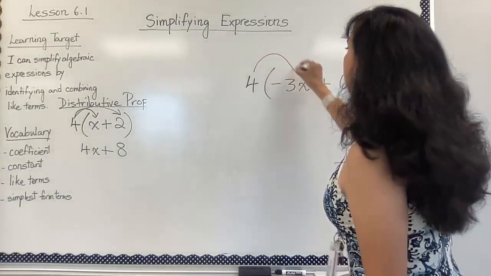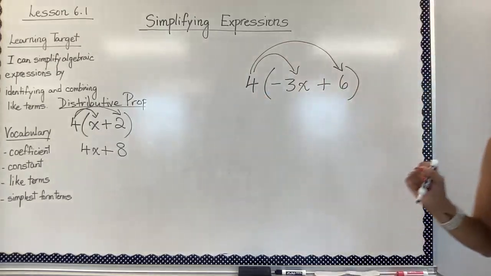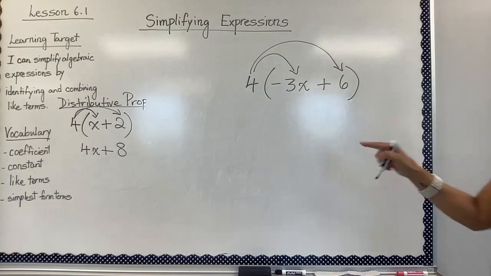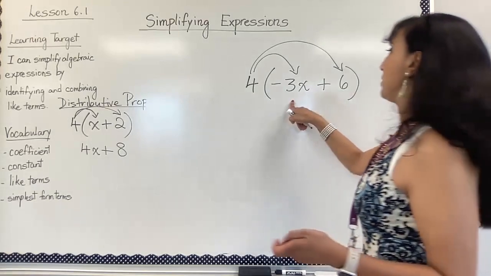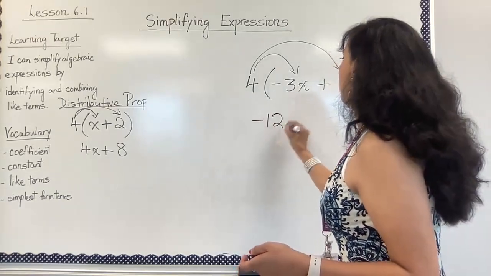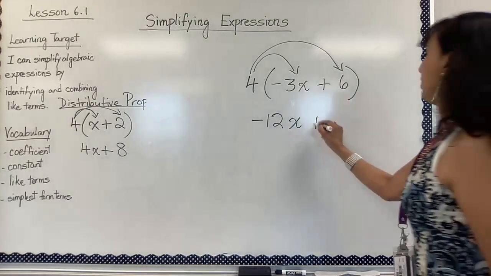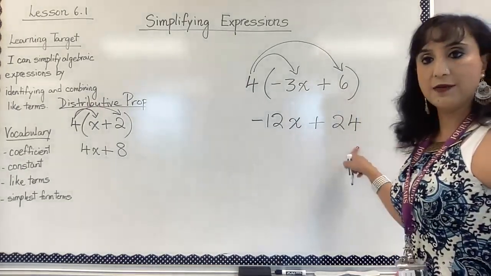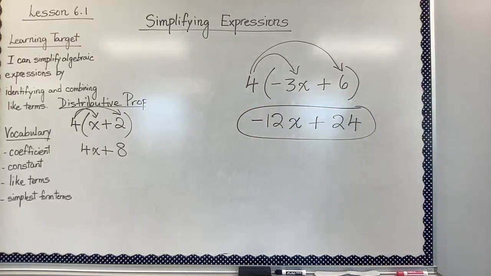I'm going to multiply the number outside the parentheses with each term inside the parentheses. I know that positive times negative gives me negative. So 4 times negative 3 is negative 12x, plus 4 times 6 is going to give me 24. And now I can see that these are unlike terms, and so this becomes my final answer.